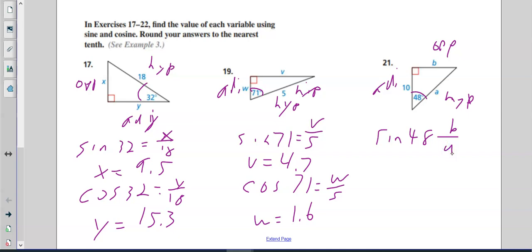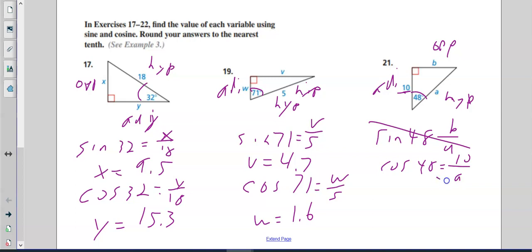We can't do that. We don't know either one of those. So using what we have, the adjacent, b or a, we need to find a first. Okay? So adjacent over hypotenuse is cosine. So we're going to say cosine of 48 equals adjacent over hypotenuse.